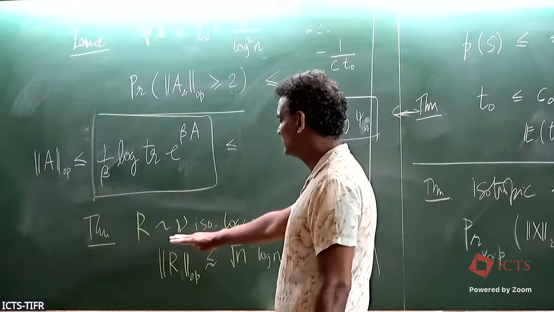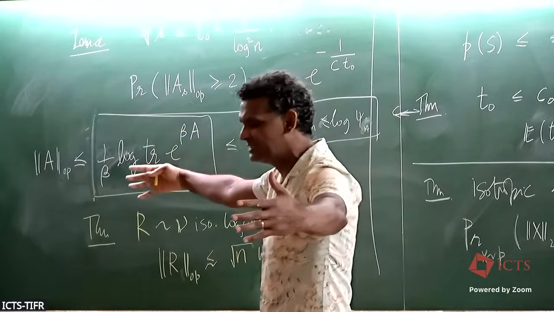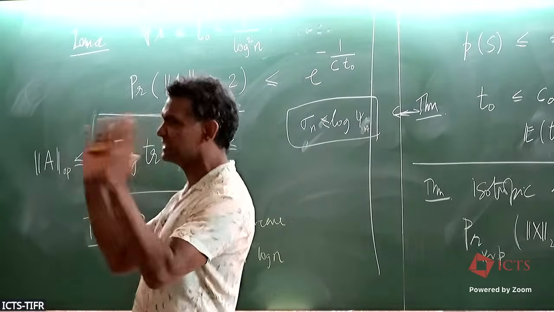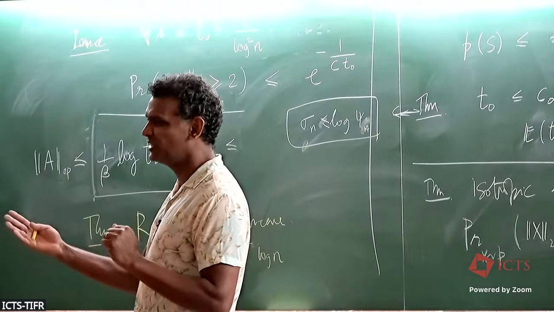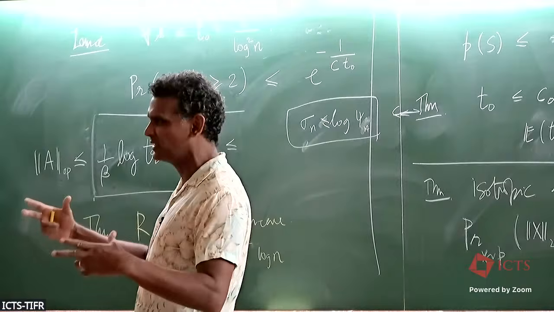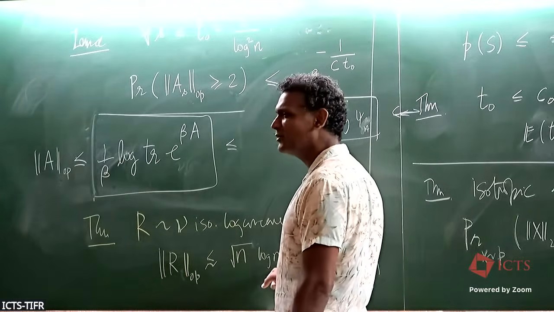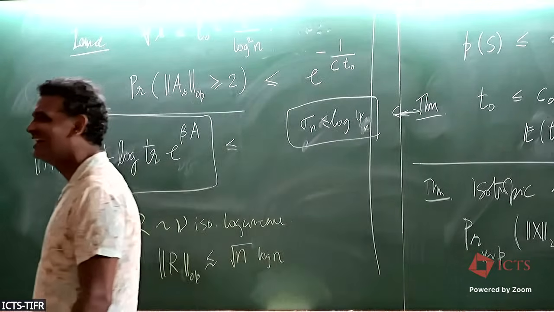Think of this as a single n-squared-dimensional isotropic log-concave distribution, but I'm writing it as a matrix and asking about its operator norm. It's like generalizing the Erdős–Rényi case, and the right answer should be root n. This is what I can prove right now with stochastic localization, up to a log n.